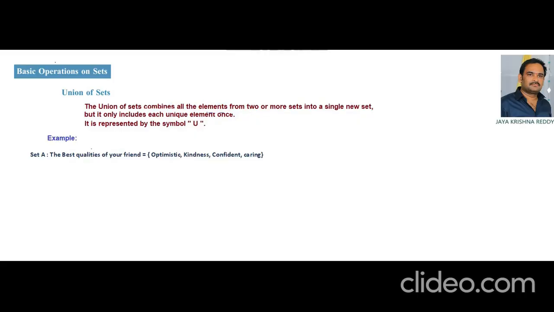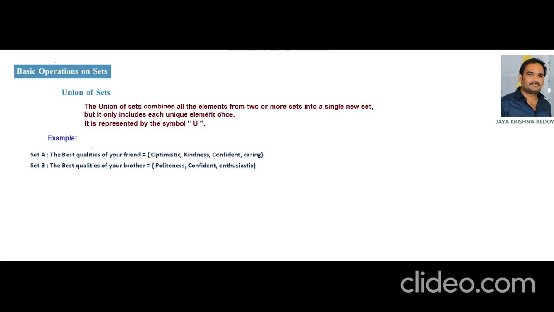Consider set A as the best qualities of your friend. What are the best qualities of your friend? Optimistic, kindness, confident and caring. These four are the best qualities of your friend, and we are considering these four qualities as set A. Now set B, the best qualities of your brother.